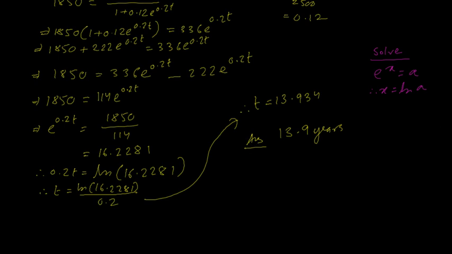The next question is actually a simple algebra sum. You have to simplify the original question into this. It's a simple algebra question rather than anything to do with exponential growth.